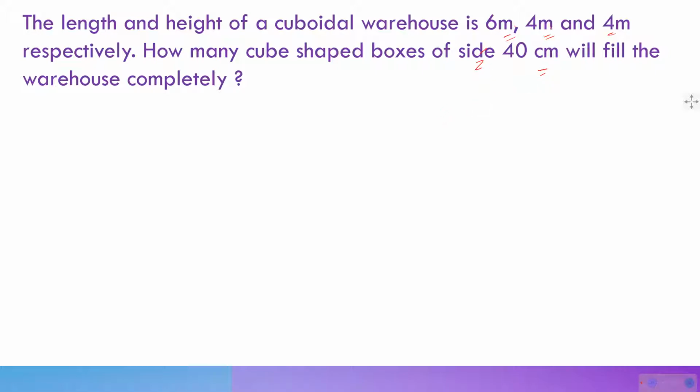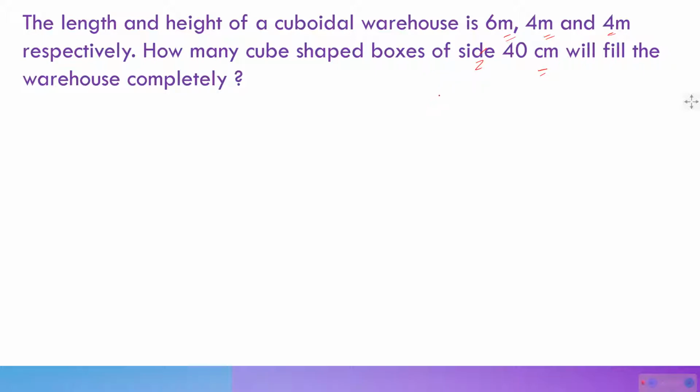Either you can convert meter into centimeter or centimeter into meter. In this case, I would prefer to convert meter into centimeter, because if you convert 40 centimeter into meter, you will divide it by 100 and you will be writing 0.4 meter. So we will avoid decimal numbers by changing the unit meter into centimeter.